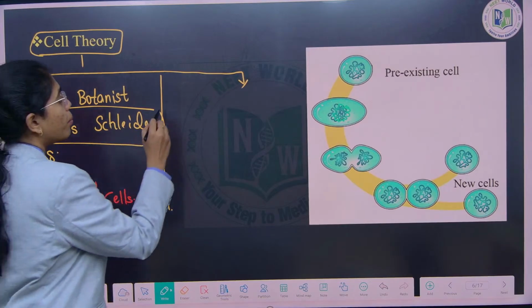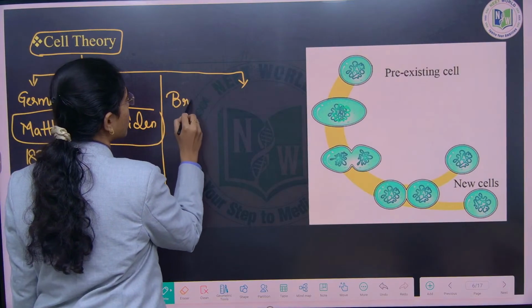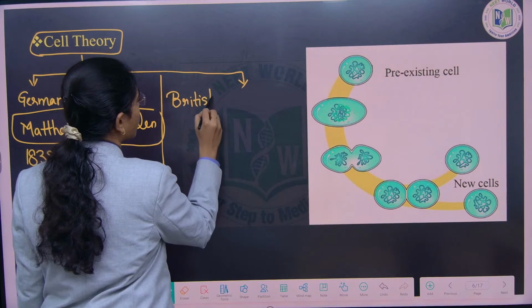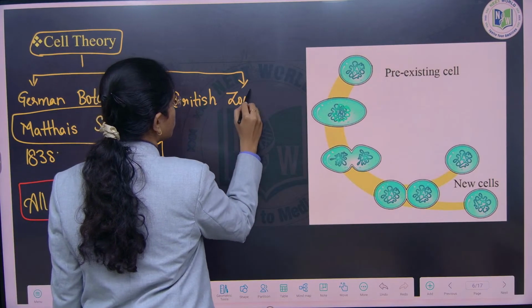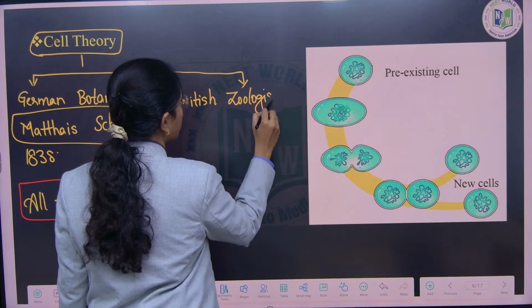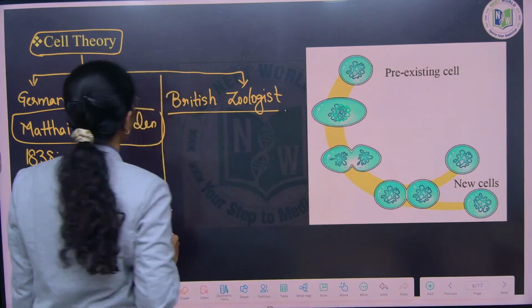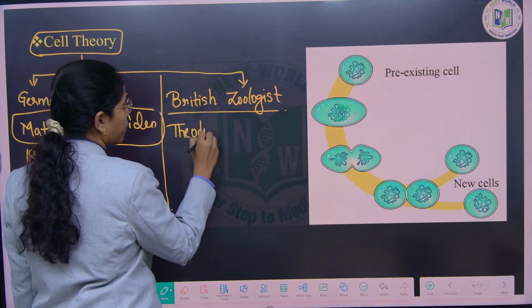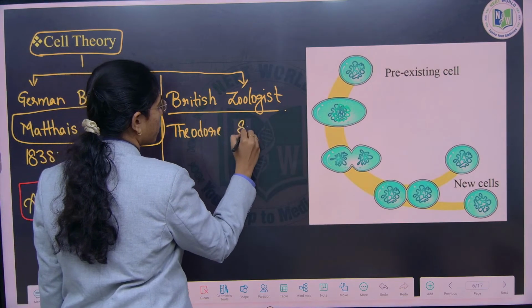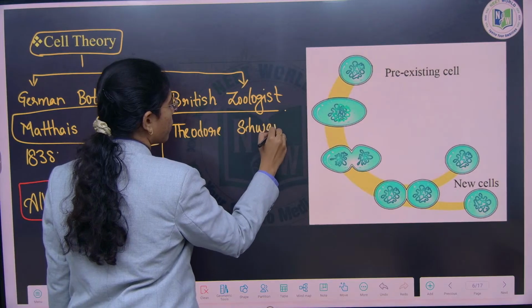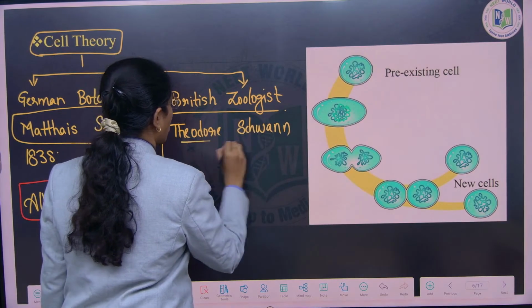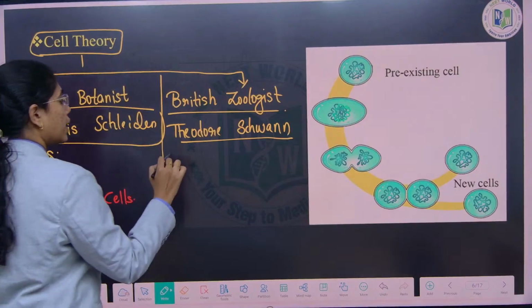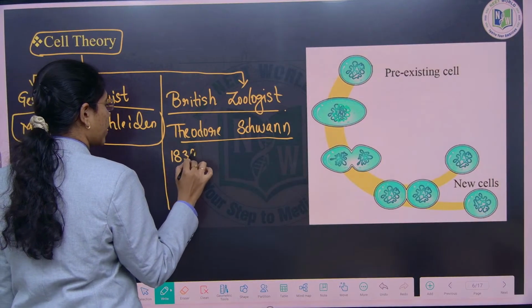Next, it is British zoologist named Theodor Schwann, in the year 1839.